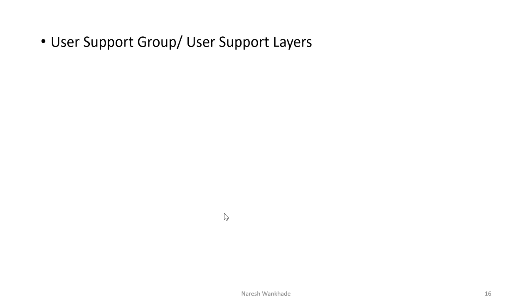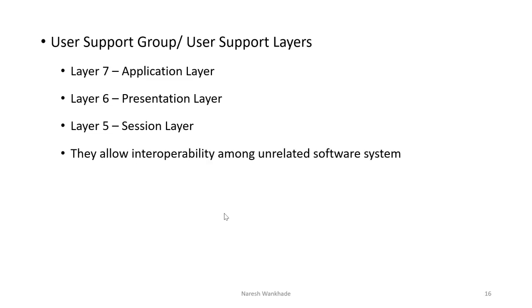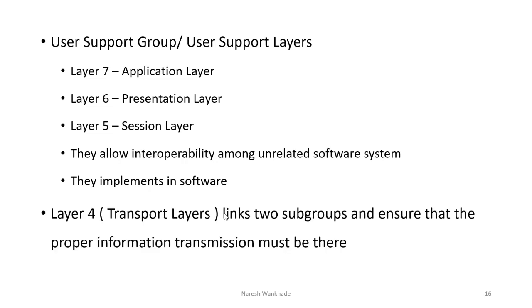Second group is user support group or user support layers, and this group has layer 7, that is application layer, layer 6, that is presentation layer, layer 5, that is session layer, and these layers allow interoperability among unrelated software systems, and these layers are mostly implemented in software through which user interacts with the system.